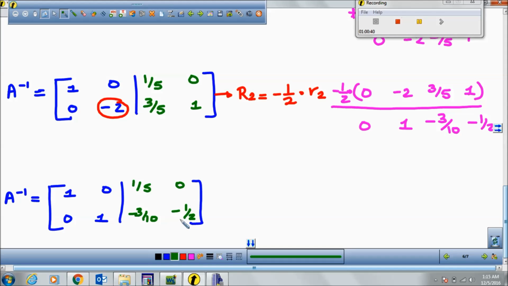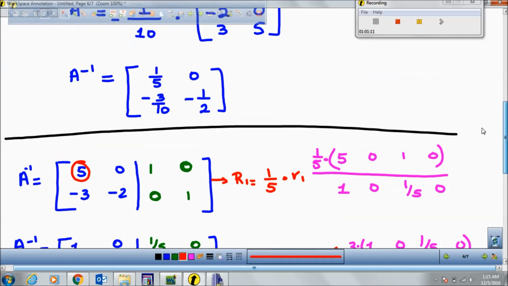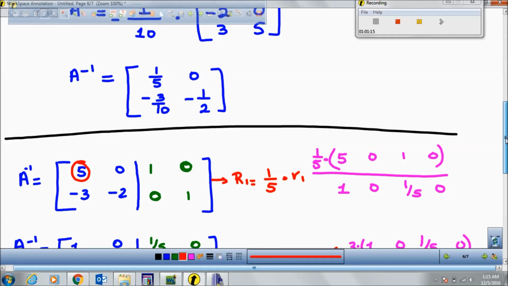If you look at this side, this is what your inverse of matrix A is. And these numbers should be the same numbers as the ones that I got in the first method. So if you check 1/5, 0, -3/10, -1/2, if you compare it to this one, it's the exact same thing. 1/5, 0, -3/10, -1/2.